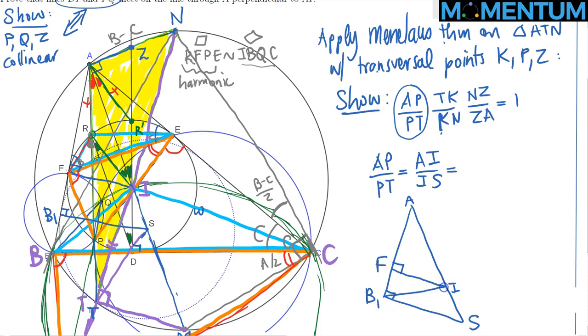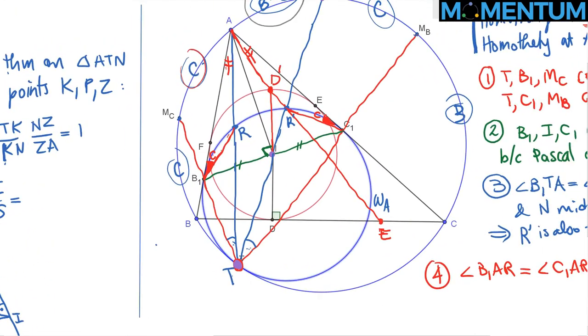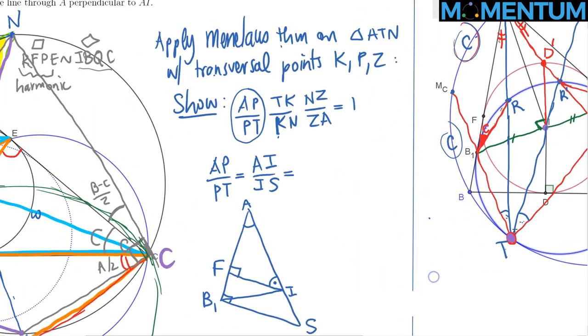If you guys do angle chasing, you will realize that this is angle A. So this is 90 minus A, obviously, because B1 I is also perpendicular. Remember earlier in my configuration I have proven that B1 I A was 90 degrees.